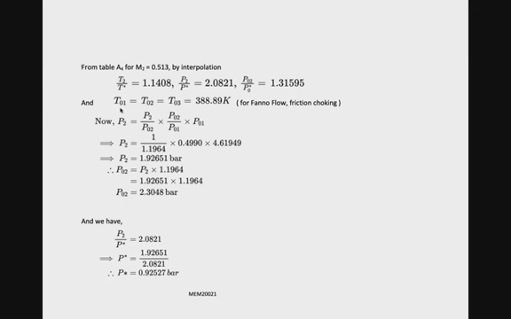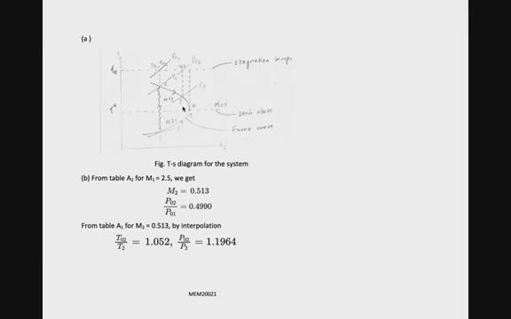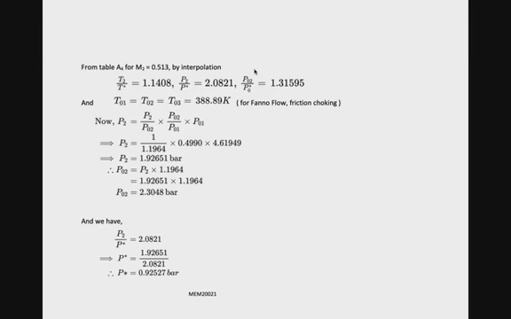Since the stagnation temperatures at point 1, point 2 and point 3 are all the same, this is the constant line for stagnation temperature. So we get the value as 388.89 Kelvin.